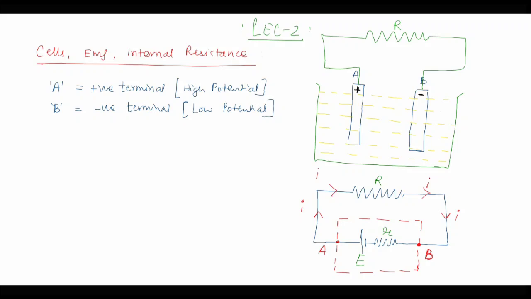Now the interesting fact is, for the circuit to be complete, the current must flow from B to A. So we are saying that the current flows from low potential to high potential.